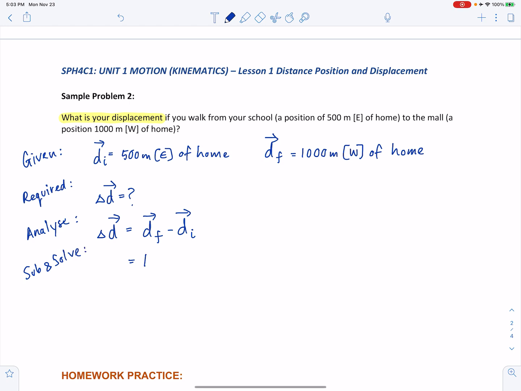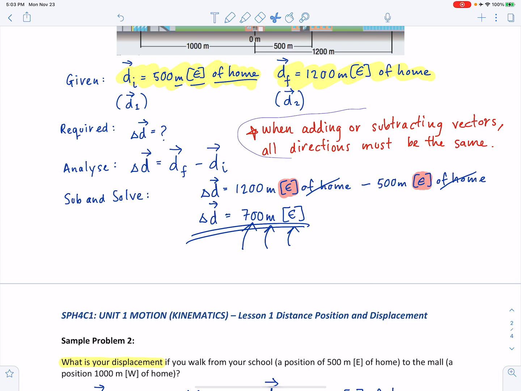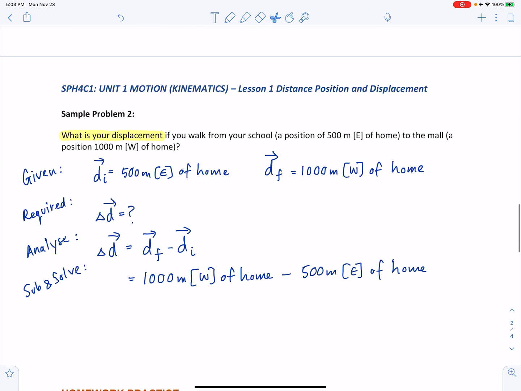So that's 1,000 meters west of home minus 500 meters east of home. Now remember up above when I told you that when you're adding or subtracting vectors, they have to be in the same direction.